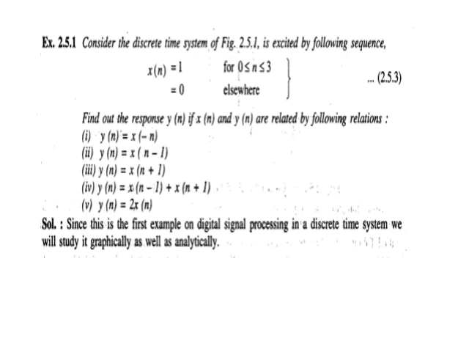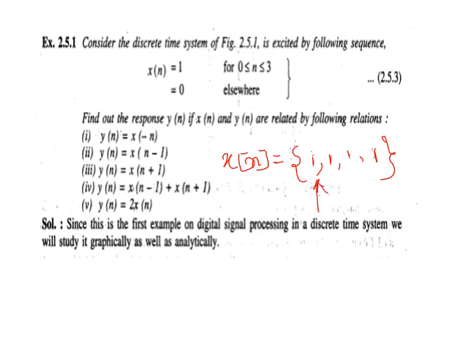Sequence form is x of n equals 1, 1, 1 and 1, with an arrowhead at the first position.